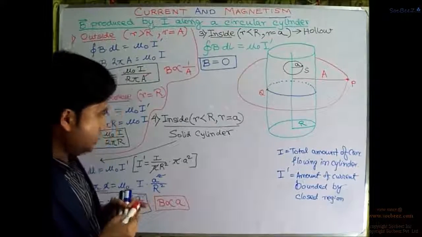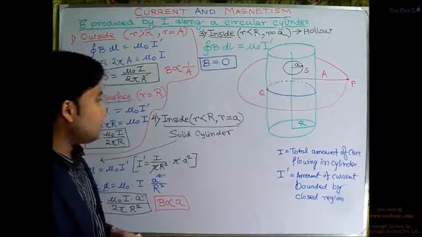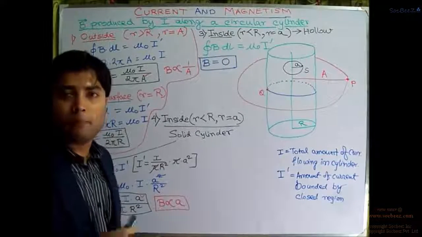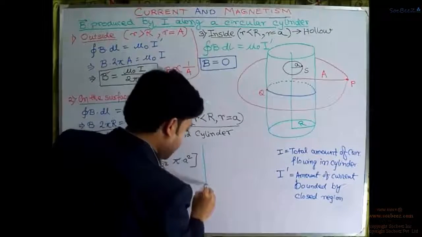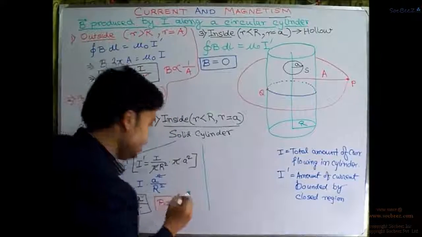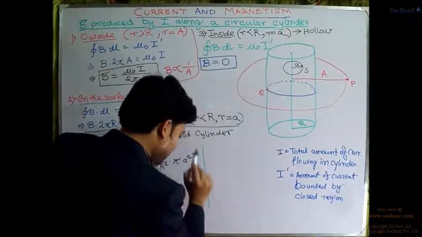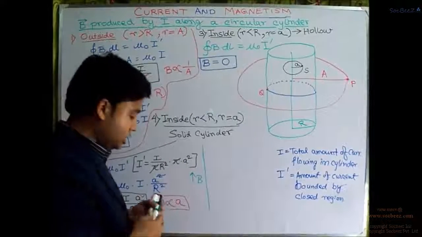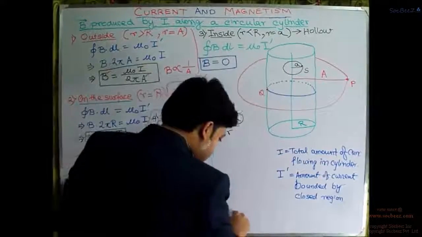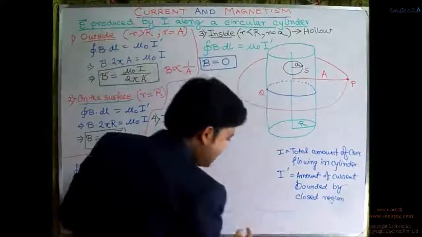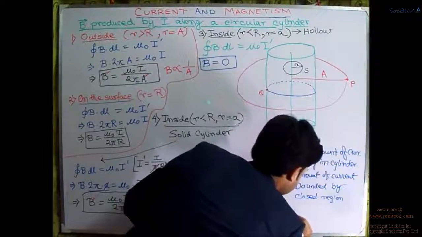Now if we wish to find the graphical representation of how B varies from point to point, we take this axis as B, the magnitude of the magnetic field, and on this axis we find out how it varies with distance.